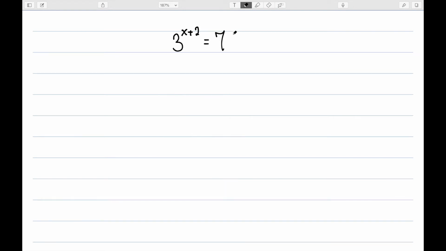What about this one? 3 to the x plus 2 equal to 7. Well, I can't write 7 as 3 to a power, and I can't rewrite them both like I did in my last example, so we need another method, and this is going to be my type 2 equations. So to solve these, we have a sequence of steps.